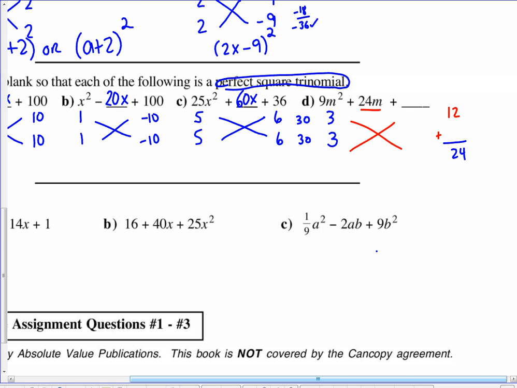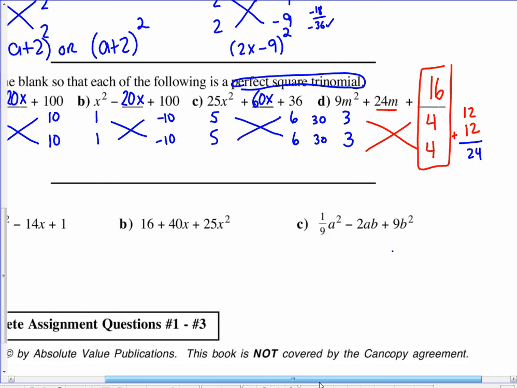Has to be 12 and 12. And then working backwards, 3 times what is 12? 4. That means our last number had to have been 16, because 4 times 4 is 16. Okay? Crazy? Okay.